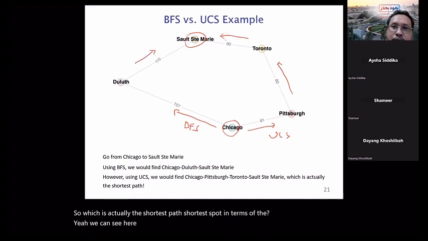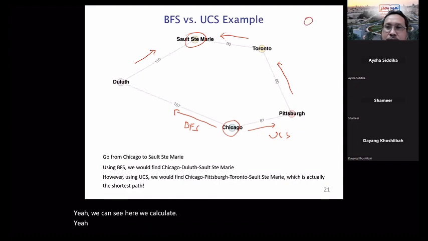Which is actually the shortest path? We can see here, if we calculate from Chicago, Chicago goes to Duluth, and then St. Mary, right?